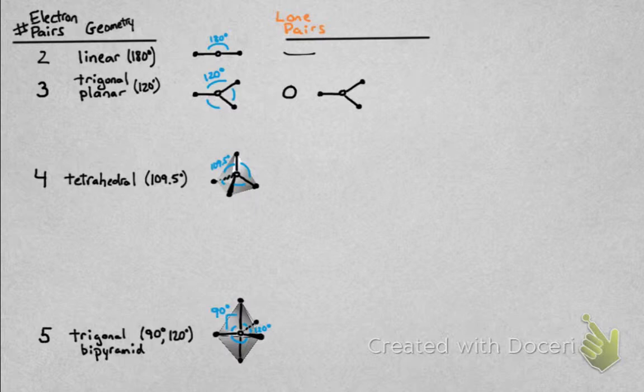If you have a molecule with no lone pairs, then all of those lines represent bonds, and the final shape is just the same as the arrangement of the electron pairs, the electron pair geometry. It looks like this, and so our shape is called trigonal planar for this particular arrangement.